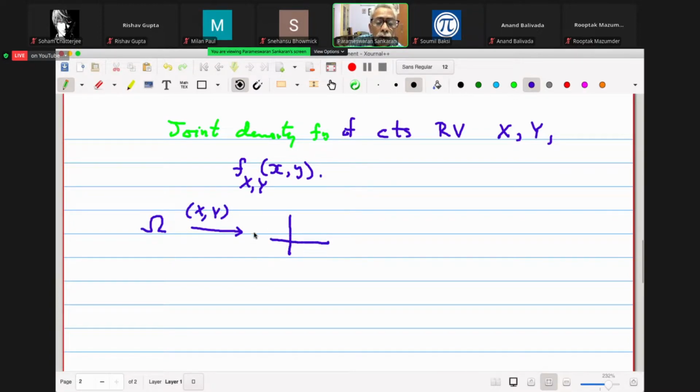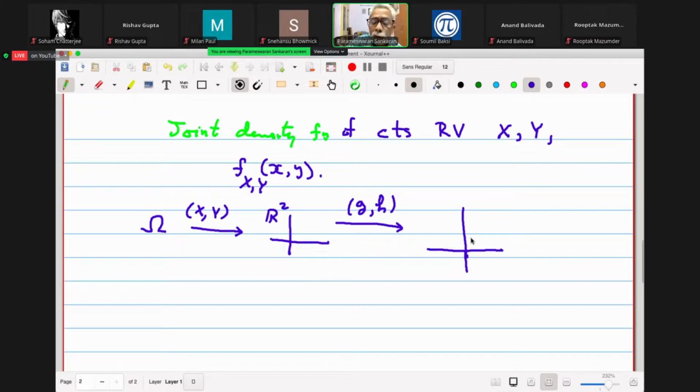I just draw it like this, the plane R2. And now from the plane R2, suppose I have two functions, g comma h, and that again maps to a plane. We will make suitable hypotheses, and I will tell you what they are in a minute.